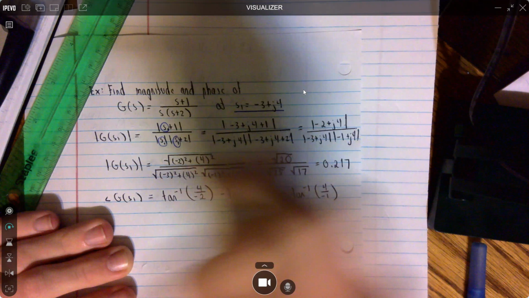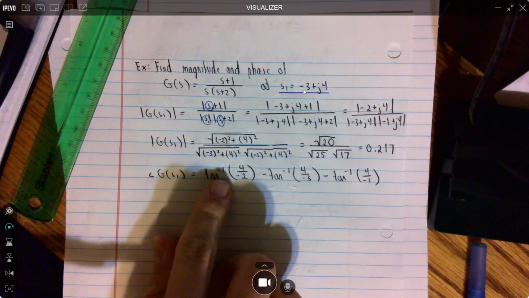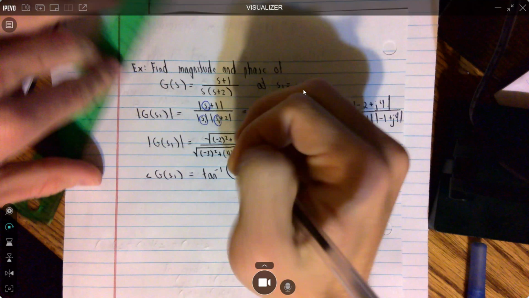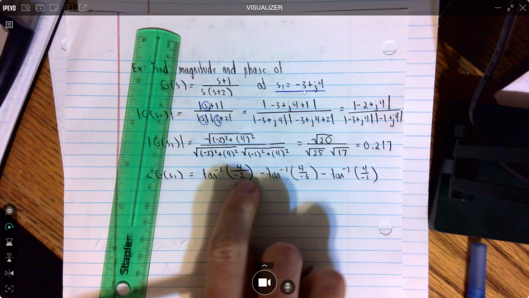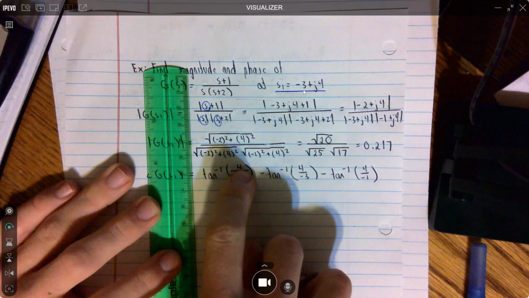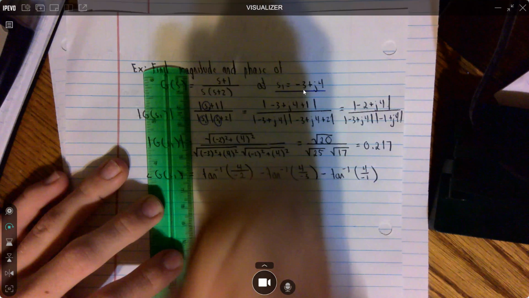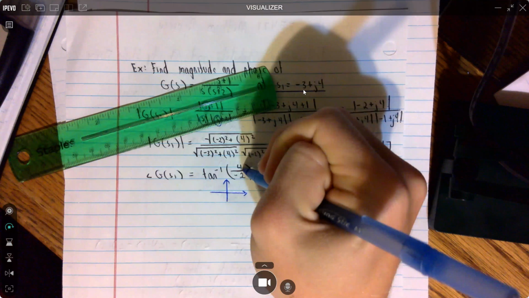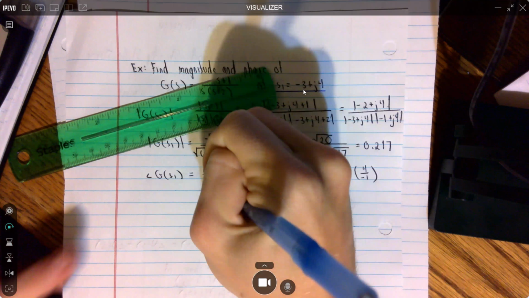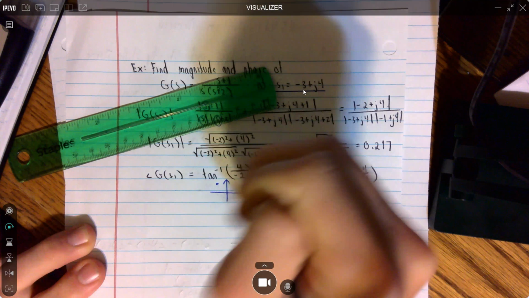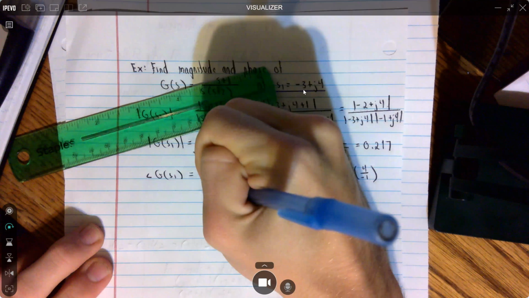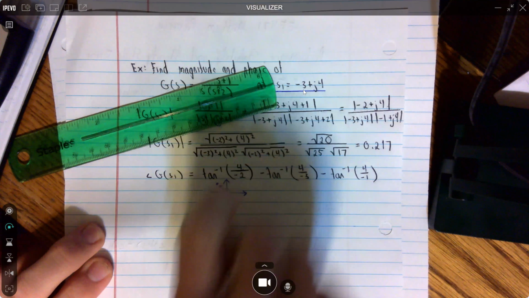Okay, so this is where you have to be careful when you take the tan inverse, because you have to pay attention to the sign. Remember, it's tan inverse of the imaginary part all over the real part. What we should expect for this result is that the imaginary part is positive and the real part is -2, so it's going to be somewhere over here, so we should expect an angle over 90 degrees.